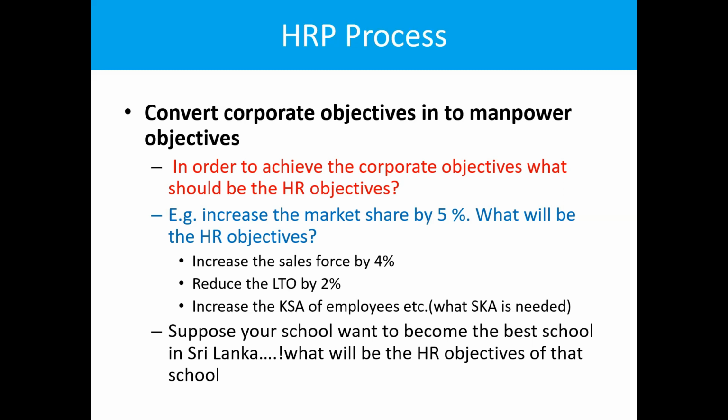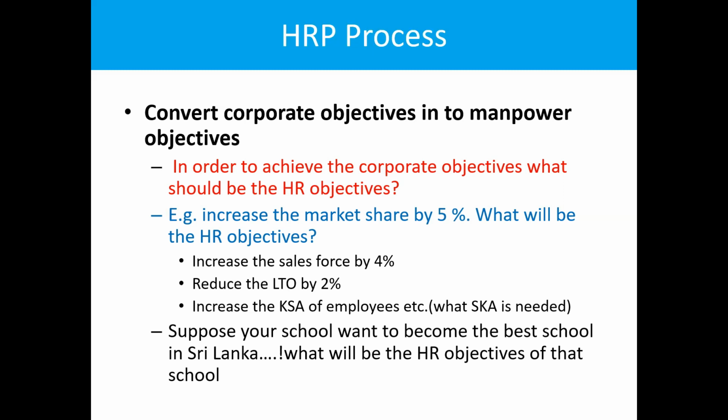Then what will be the HR objectives? What will be the HR objective? Because that 5% increase in market share needs to be converted into an HR objective, as the corporate objective is executed by the people, right? Market share increase is done by people.